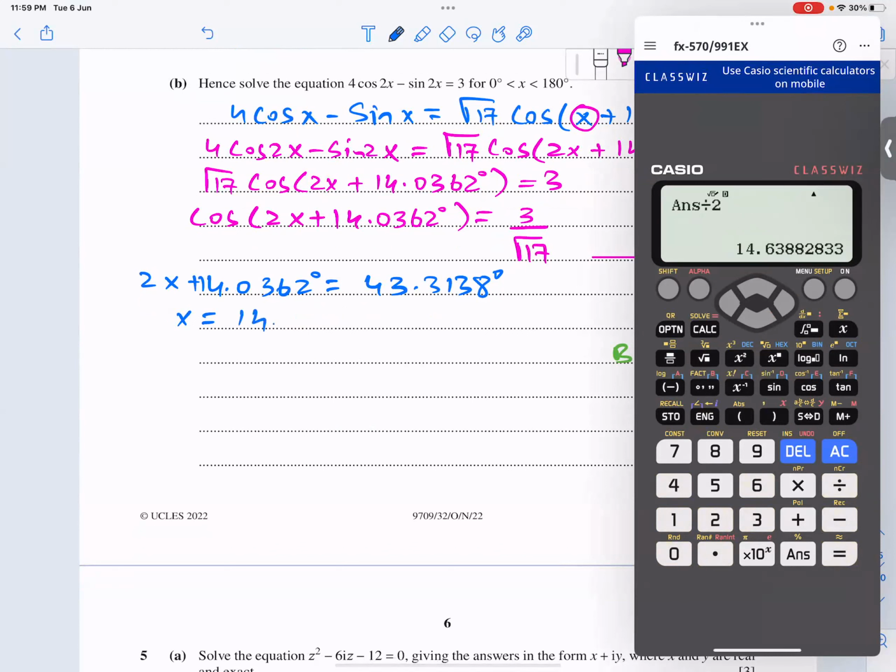So x is 14.6388. So I can write it as x is equal to 14.6 degree. This is my first answer.